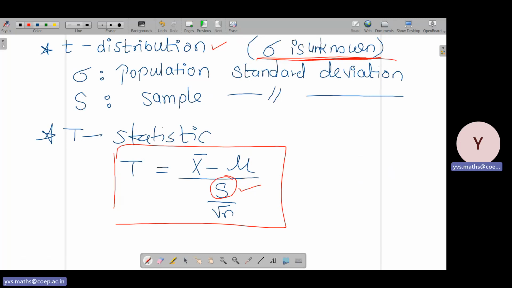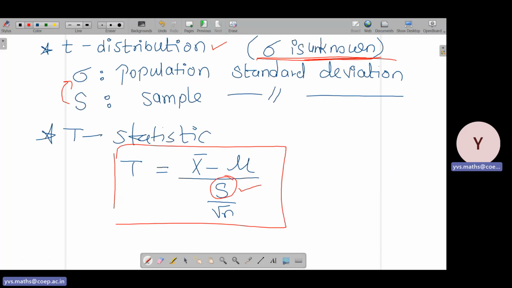Here s is the sample analog of sigma. If the sample size is small, s square fluctuates from sample to sample, and the t distribution deviates from the standard normal distribution. In the sampling distribution of t, we assume that the random sample is from a normal population.